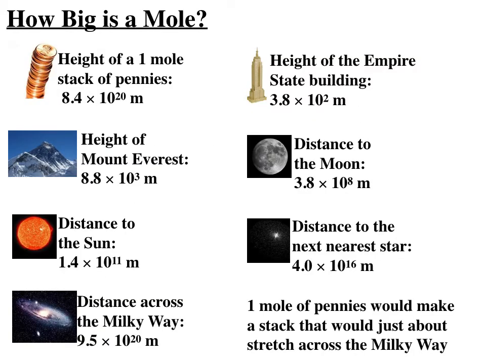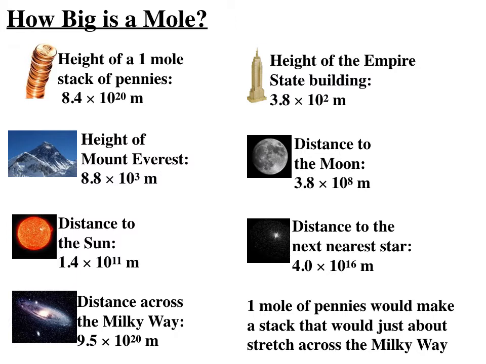Our mole stack of pennies is 8.4 times 10 to the 20 meters high. Well, the Empire State Building is 3.8 times 10 to the 2 meters high. So we've got to go a little bit further. To the top of Mount Everest is 8.8 times 10 to the 3 meters, 8,800 meters. Got to keep going.